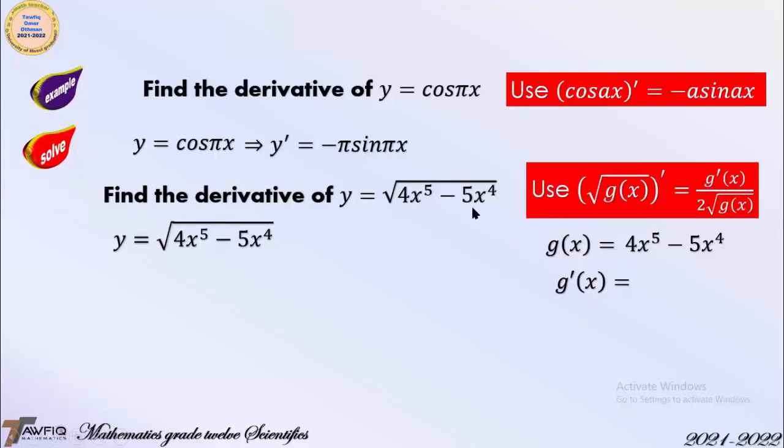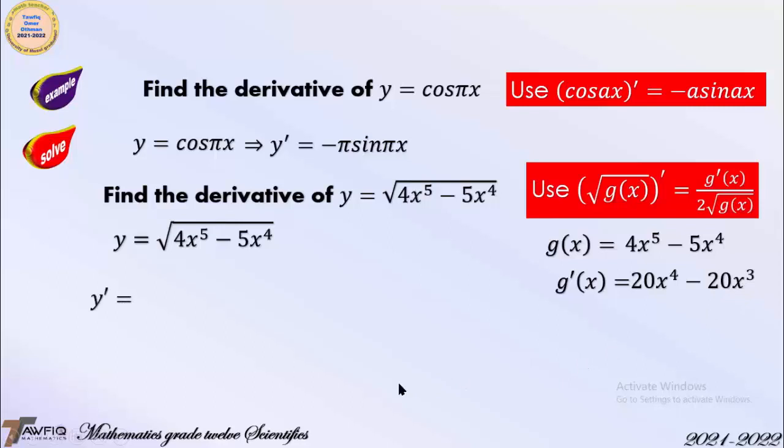Inside the square root is 4x to the power 5 minus 5x to the power 4, and the g prime of x is equal 5 times 4 is 20, x to the power 4. 4 times 5 is 20, x to the power 3.